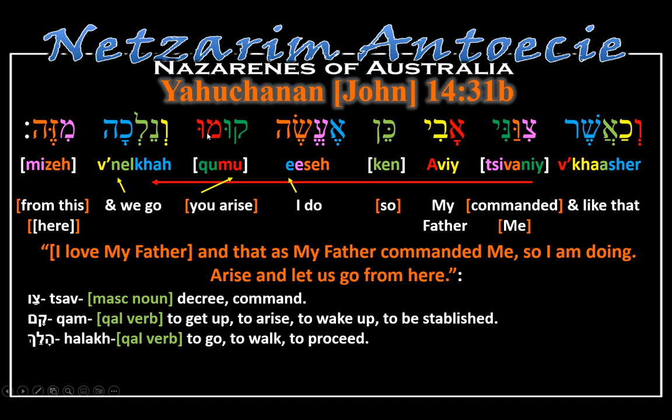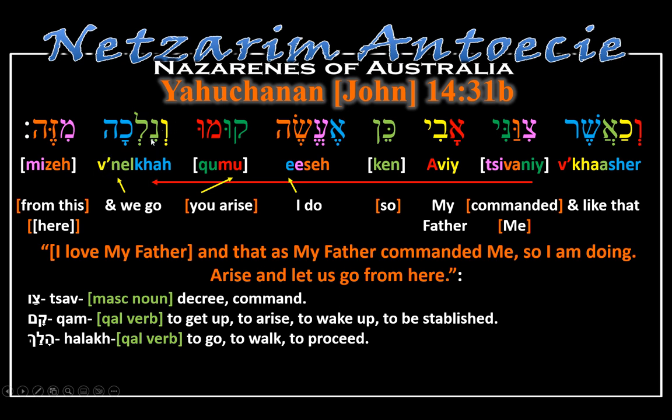And kumu, you, that's the pronoun at the end. And kum means to arise, to get up, right? You arise. If we look down here, the root is kum, which is a kal verb to get up, to arise, to wake up, to be established. And then we have v'nelka, v'nelka.